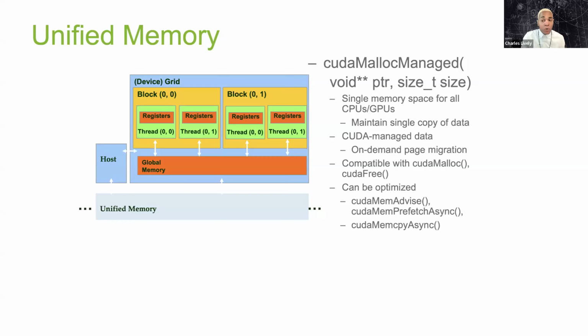It allows a single copy of the data to be maintained, and it can be used to manage the CUDA data movement as well. It's compatible with cudaMalloc and cudaFree, and it can be optimized using other approaches like cudaMemAdvise and cudaMemPrefetch and other asynchronous directives. In part two, we'll get into more detailed advanced directives for how to more explicitly manage memory in CUDA.